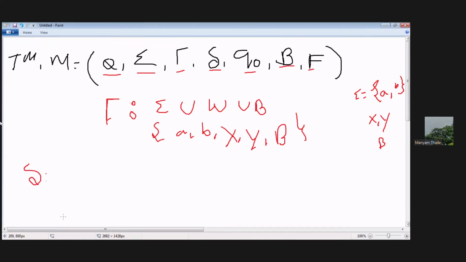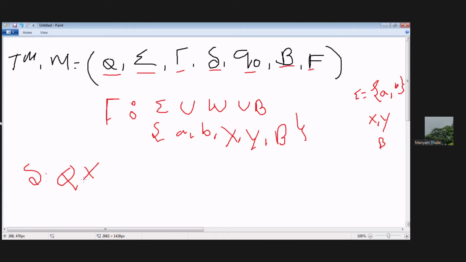This transition function varies from the finite automata to the pushdown automata to the Turing machine. So this is how to write the transition function. Q is a set of states.